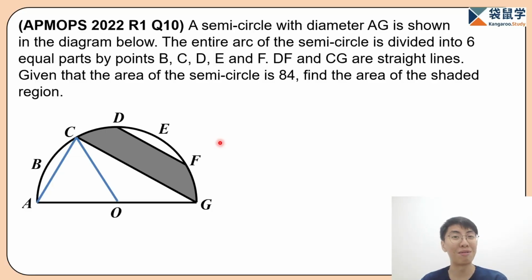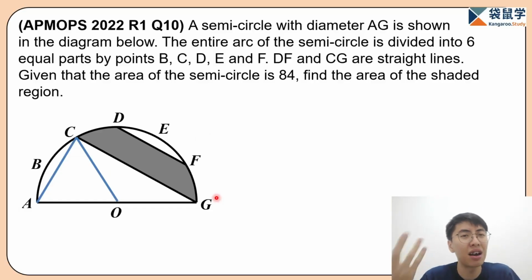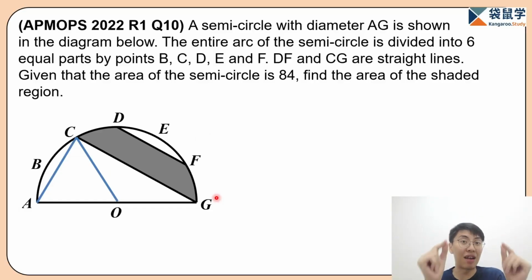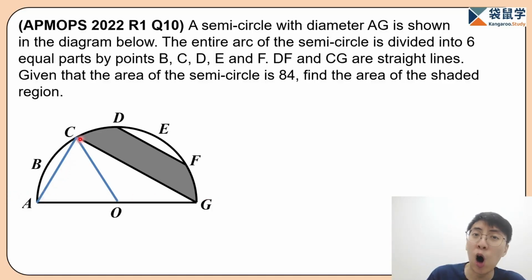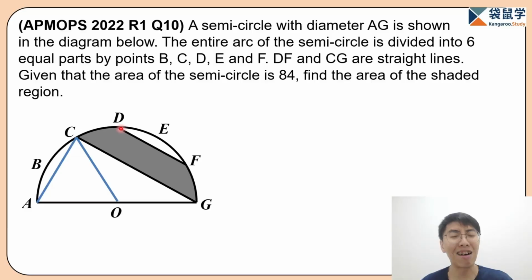Alright, time's up everybody. Now we see that in this figure, we have 2 pieces being very similar. Those are this small part ABC and also the small part DEF.